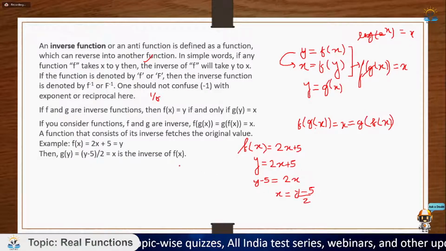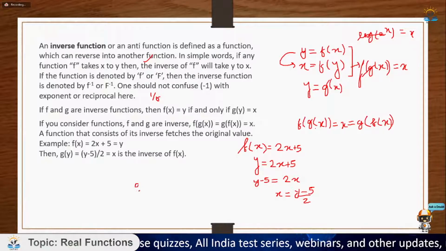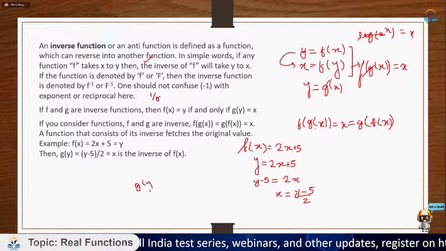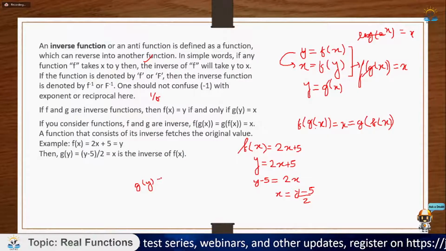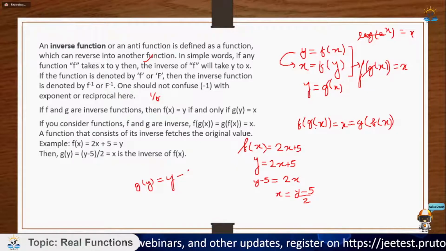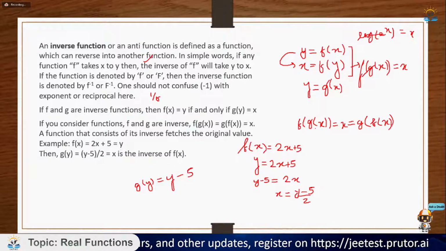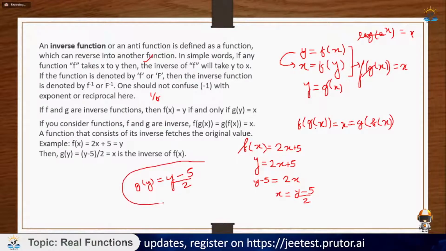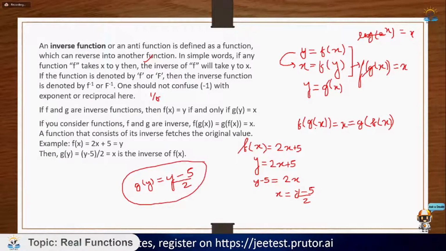So now, since you want to write it in the form of function, write it as g of y equal to (y minus 5) by 2. This is your inverse function for the given function. So quite easy. I hope it is understood. You just have to write it in the form of x equal to f of y, and you are done.